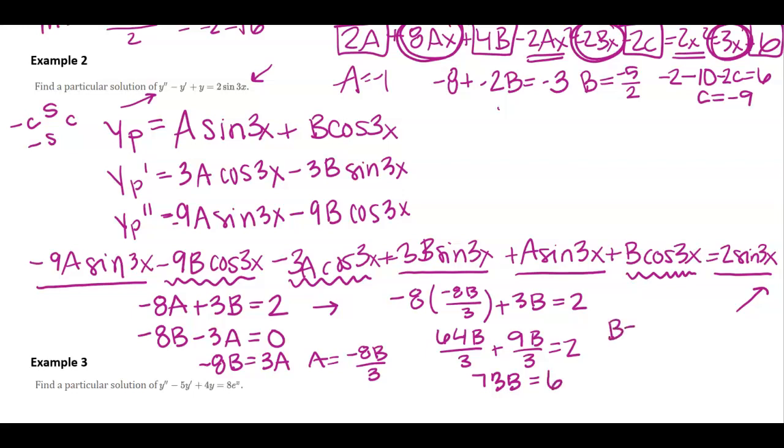And so b equals 6 over 73. I can then plug that back in to a, and when I do, I end up getting negative 16 over 73. My 6 and my 3 cancel, and I'm left with 2. So that's how I got the negative 16 over 73.